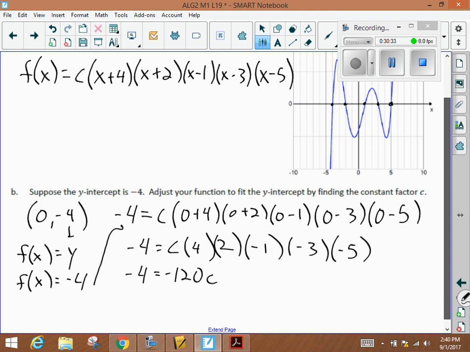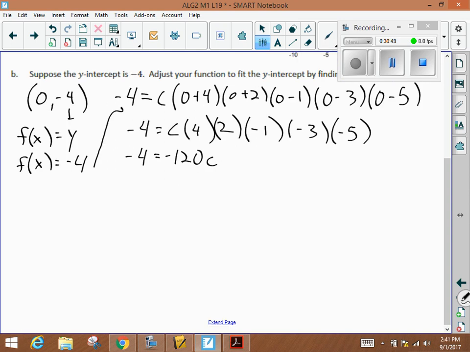All right, we just have to solve this for c by dividing both sides by -120, right? So what is that going to be? Well, let's write it like this: 4 divided by -120.